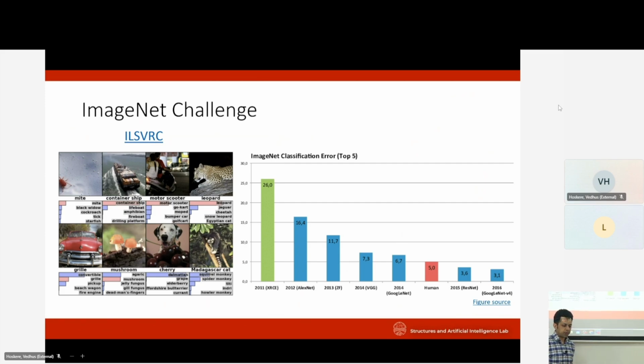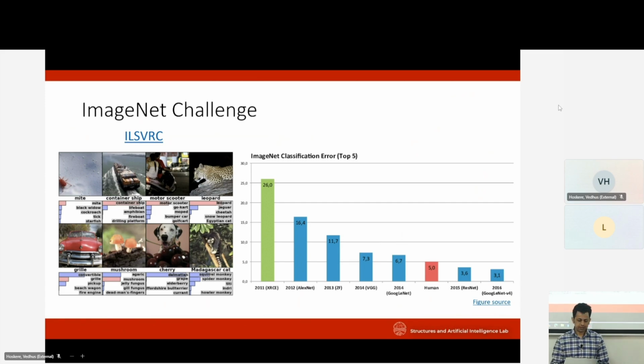In 2011, there was this ImageNet classification challenge, the ILSVRC, which is the ImageNet Large Scale Visual Recognition Challenge. And they released this massive data set, I think of 1 million images that had 1,000 classes. And that helped significantly advance research on being able to do classification.